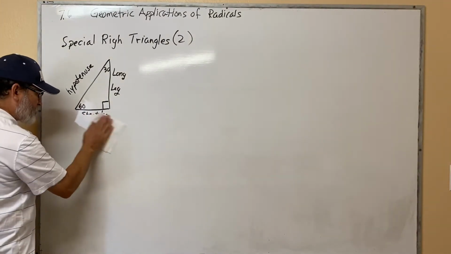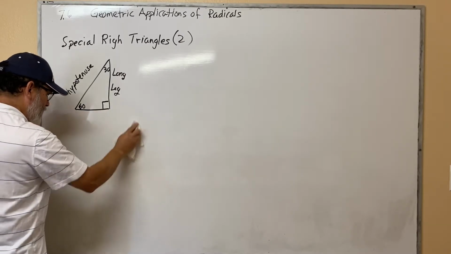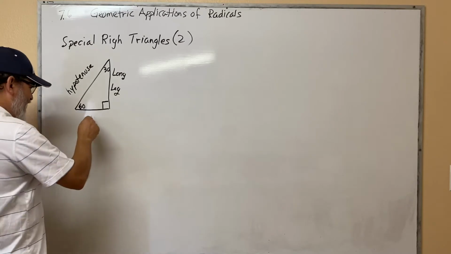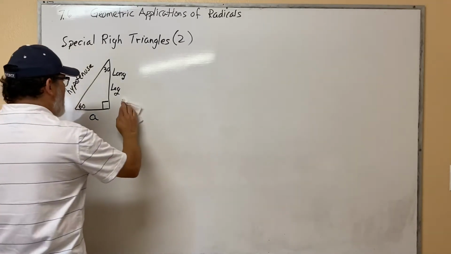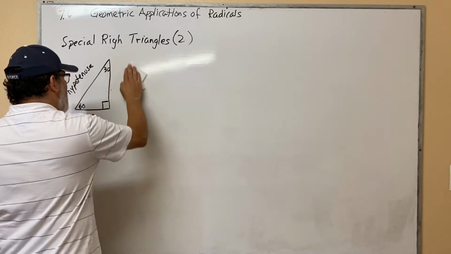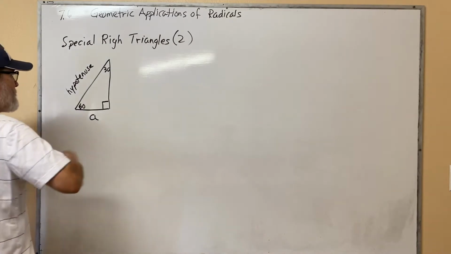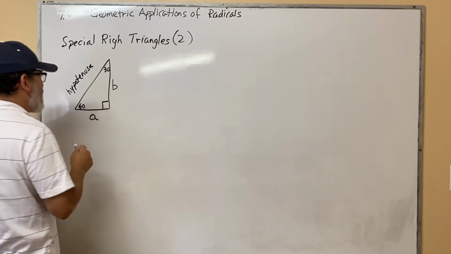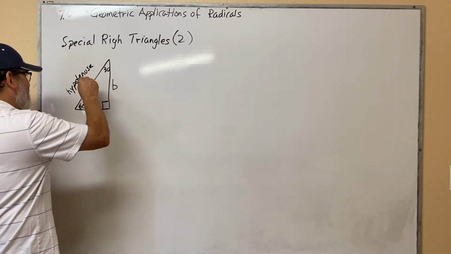I'm gonna call the short leg A. I'm gonna call the long leg B. I'm gonna call the hypotenuse C.